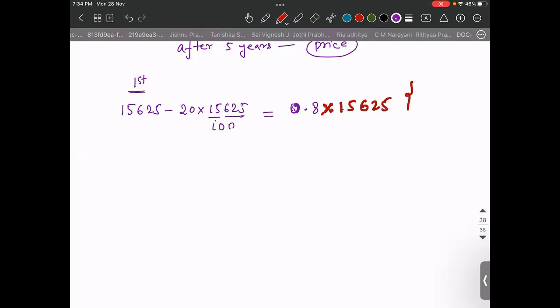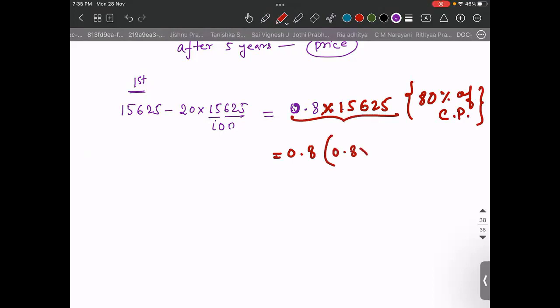That means 80% of the cost price, because 20% is getting reduced. So the price will be 80% of what he has purchased. This will continue for 5 years. Now next year, what will be the price? 0.8 times this. 0.8 into this is the second year, 1562.